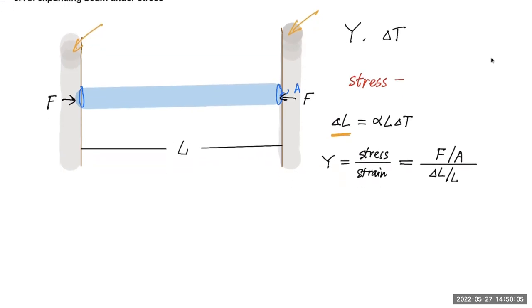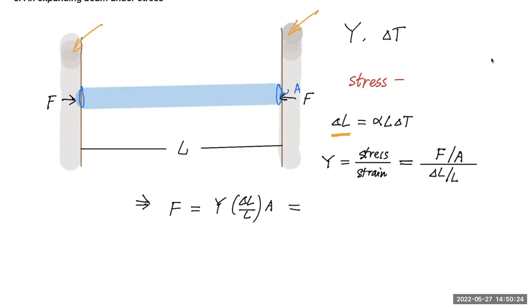Now we can solve for F. F would be equal to Y times delta L over L, times A, right? And again, we know what delta L is.